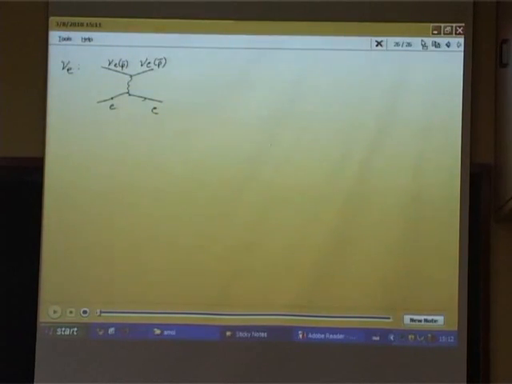What else can happen? The same reaction can also happen with quarks inside protons and neutrons. One can have nu e going to nu e, and this could have come from neutrons, protons.